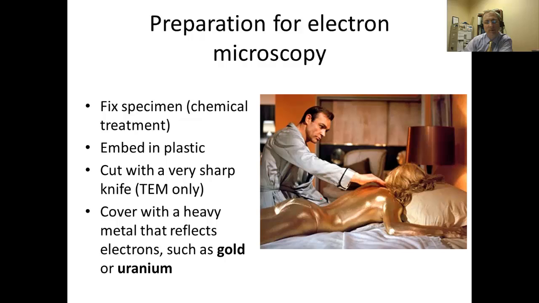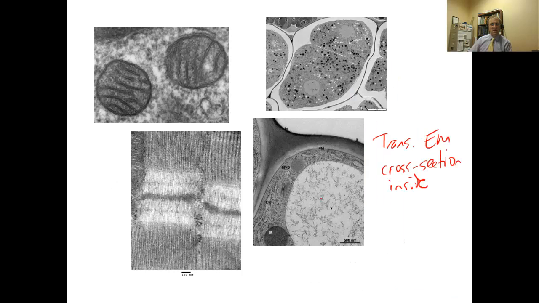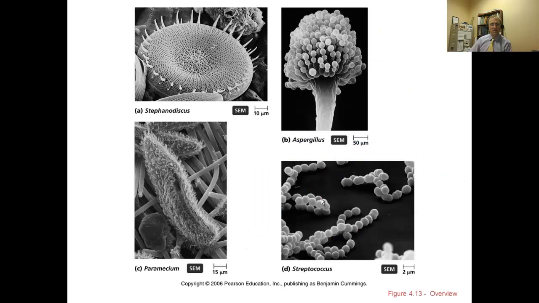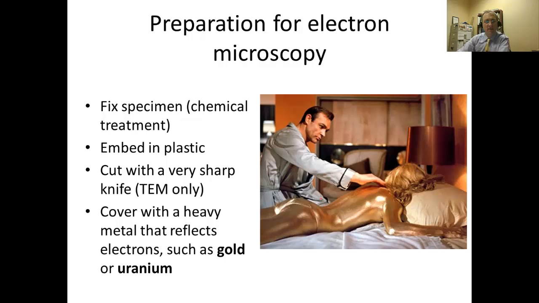Let's just look here. This is the sort of procedure that is necessary for preparing things to get these really fantastic images that we see here and here. First, the specimen has to be treated with a pretty nasty, harsh set of chemicals which cause the biological material to be stuck in one place. Things like formaldehyde and embalming fluid are used to fix these specimens. Next, that biological specimen is put into some molten plastic, which is allowed to solidify.